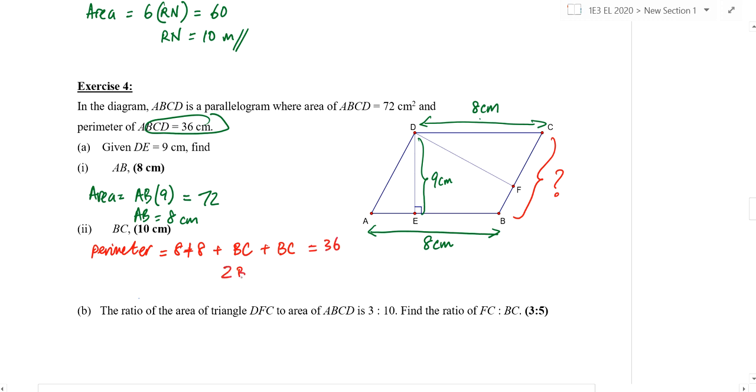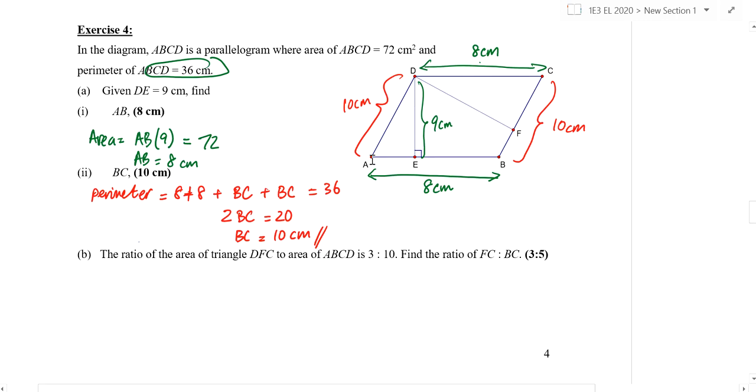So 2 of BC is equal to 36 minus 8 minus 8. 36 minus 16 is 20. BC has to be equal to 10 centimeters. So let's put it down, 10 centimeters. So this is also 10 centimeters.